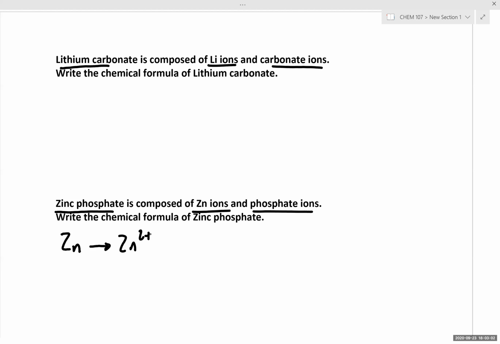And remember to be very careful with the charge of carbonate and phosphate. And we'll discuss this example in about another minute.